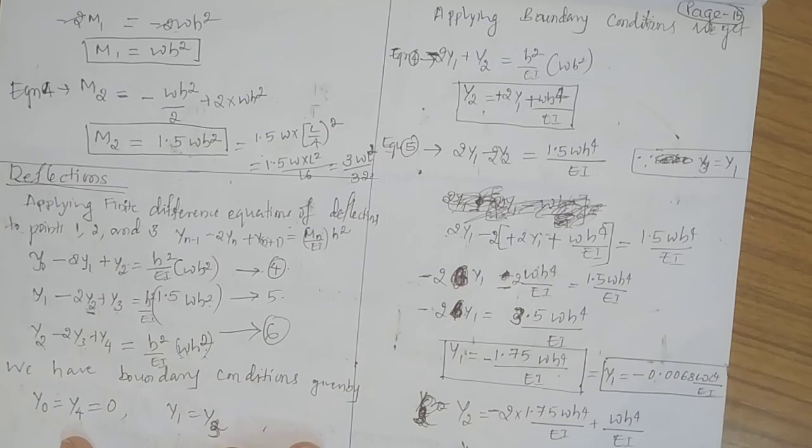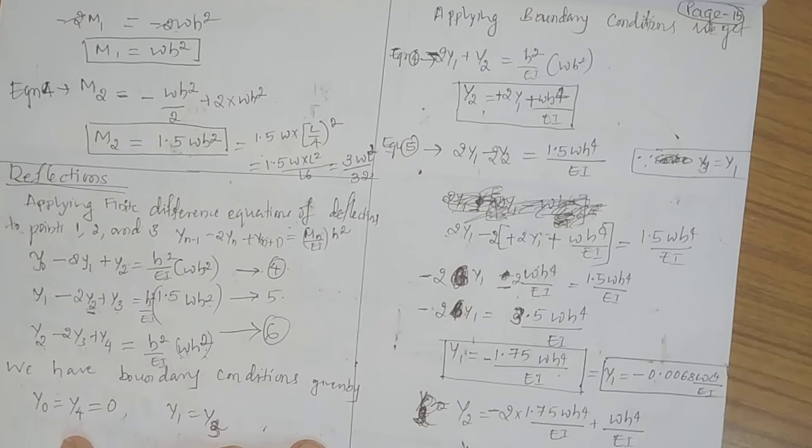Y2 is equal to minus 3.5 wh to the power 4 by EI plus wh to the power 4 by EI in this equation, and that is simplified to, because minus 3.5 plus 1, minus 2.5 wh to the power 4 by EI. So you will get the value of y2 as minus 2.5 wh to the power 4 by EI. That is the maximum deflection, and if you substitute h is equal to L by 4, this is the resulting value.